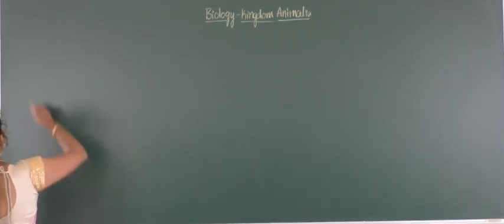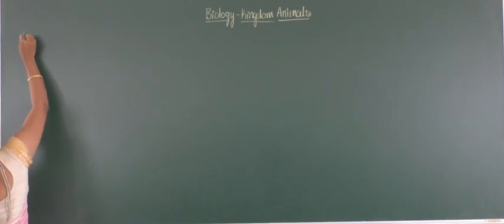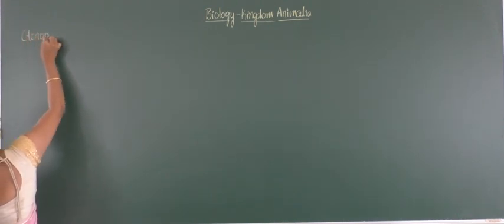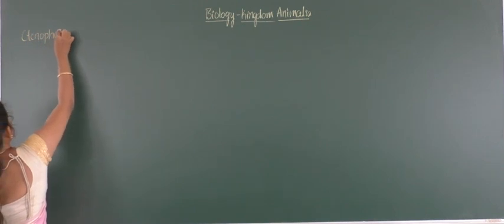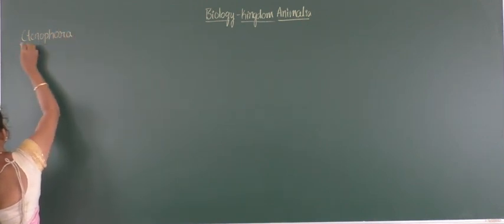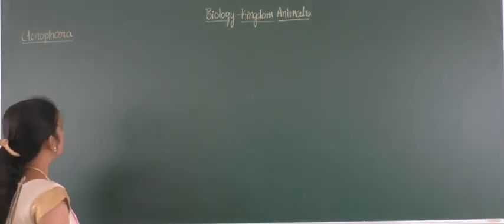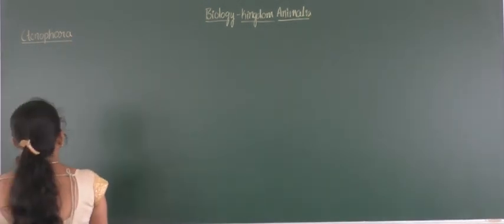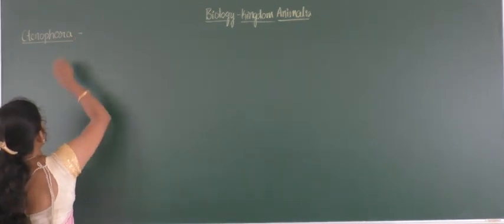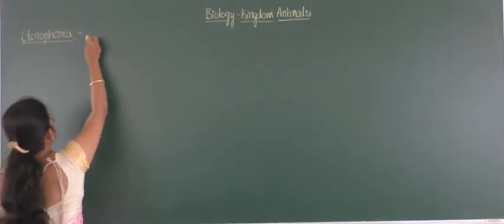Now we are going to take up the next phylum called Ctenophora. Here the T is silent, and it is pronounced Cteno. The word Ctenophora has come from the Greek language.